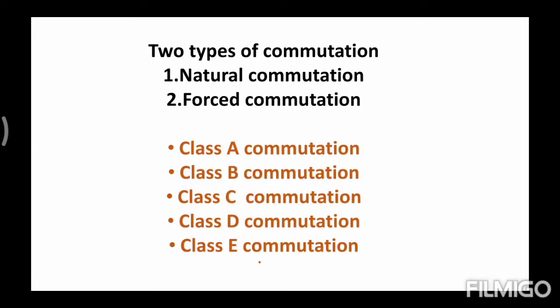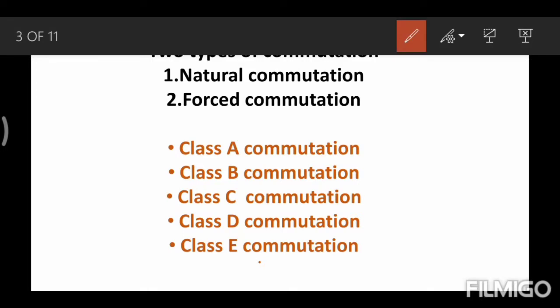So what are the different types of commutation in the turning-off process? Generally there are 2 methods. First one is the natural commutation process and the second one is the forced commutation process.